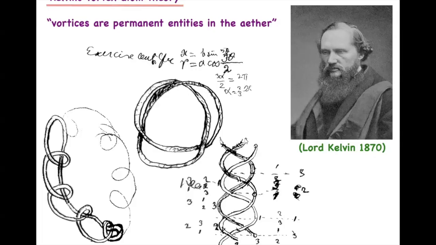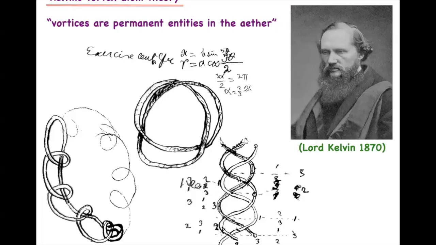So actually Germany has a great important role in the founding of topological field theory, so to speak. As I said, Gauss and Riemann on one hand, and Helmholtz and others in the applied sense.